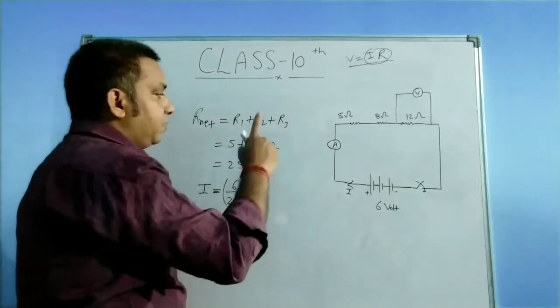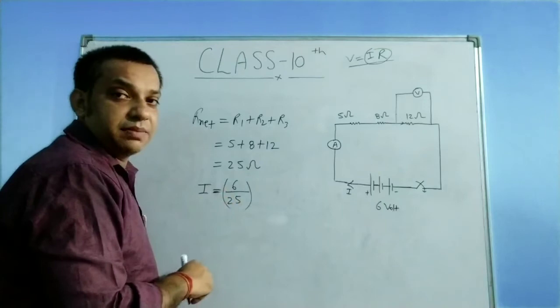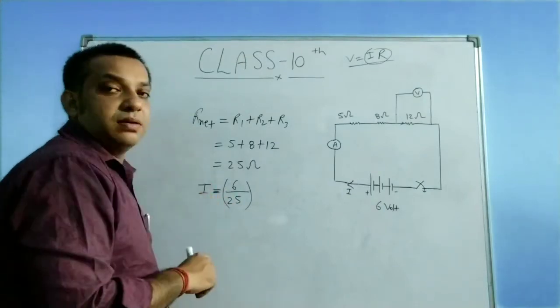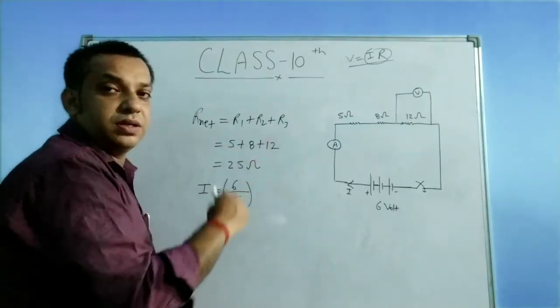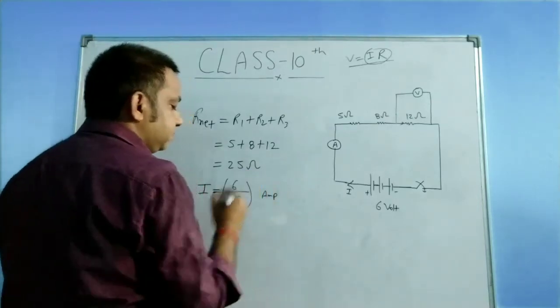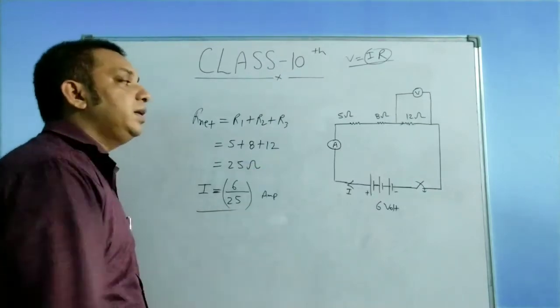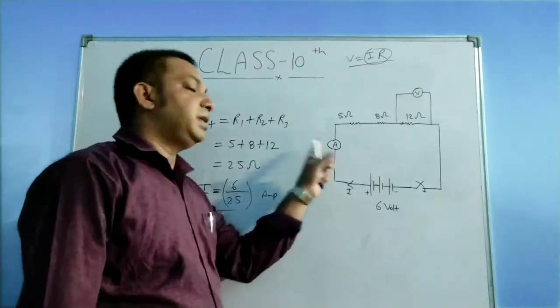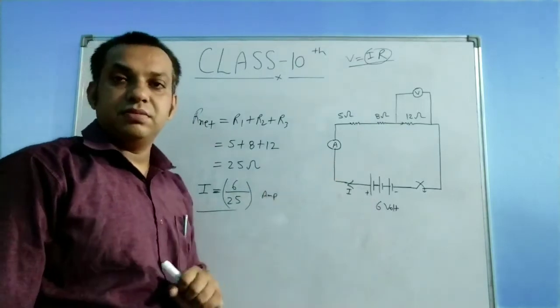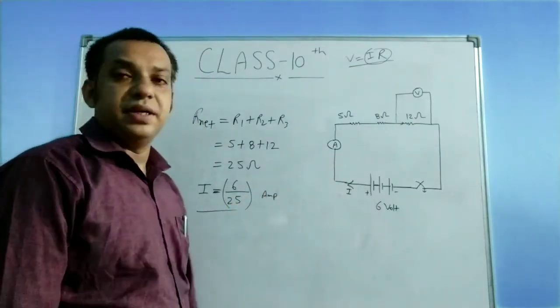And because the units of voltage and resistance are given in the MKS system, the unit of I is also in the MKS system, which is ampere. So 6 upon 25 is the current flowing through this ammeter, or the reading of this ammeter. Clear? So this is your ammeter reading.